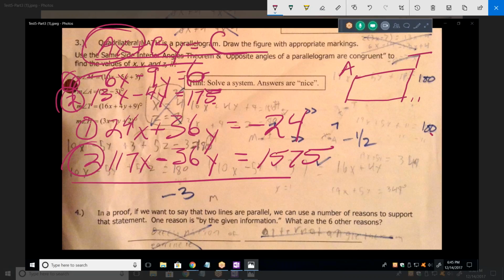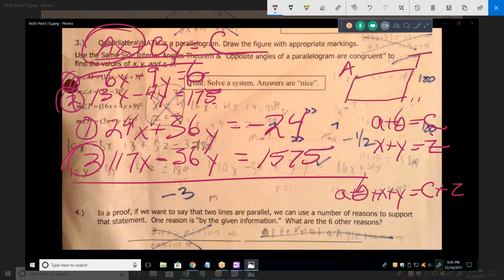Okay, now what do I need to do to these two equations in order to eliminate a variable? Combine like terms. You have to add them. You can add two equations always. If I tell you a plus b equals c and also x plus y equals z, then you can add those two equations such that a plus b plus x plus y equals c plus z.